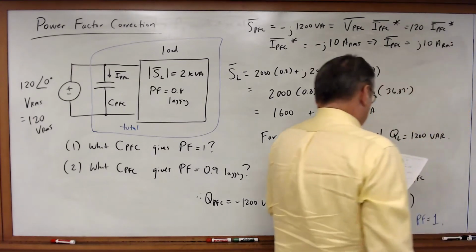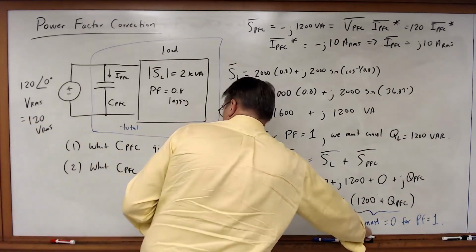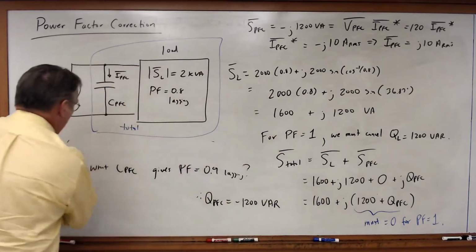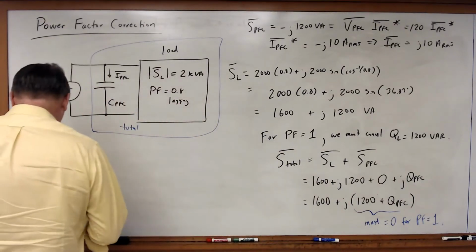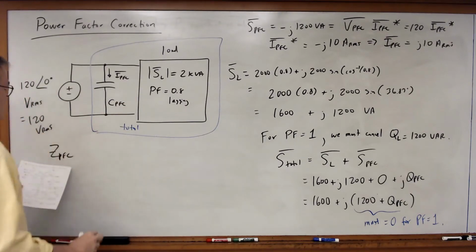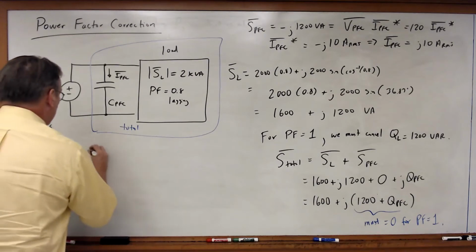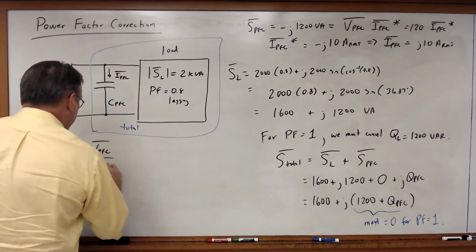And therefore from here we know that ZPFC, the impedance of that capacitor, must be equal to VPFC divided by IPFC.